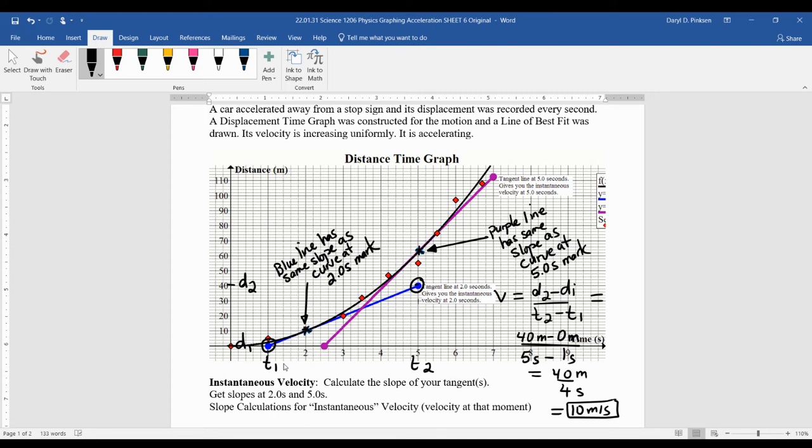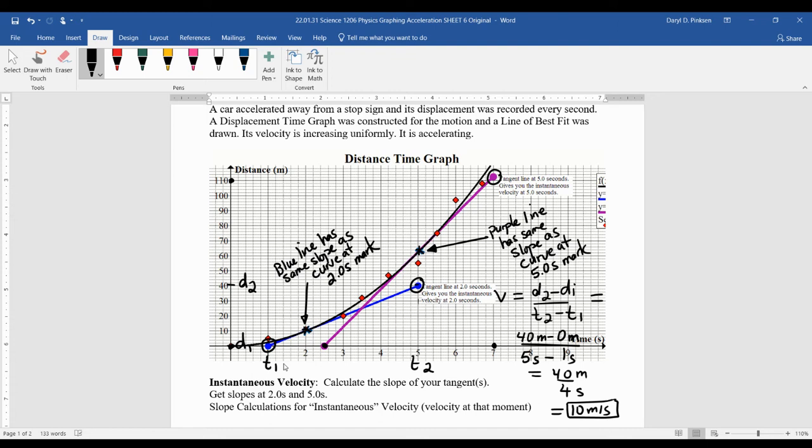At 0 seconds, the V was 0 because the slope was 0. And then as we go up and do this purple one and we do the slope formula on that purple one, now this is going to be our D2, and this is going to be our D1, and this is going to be our T1, and this is going to be our T2.